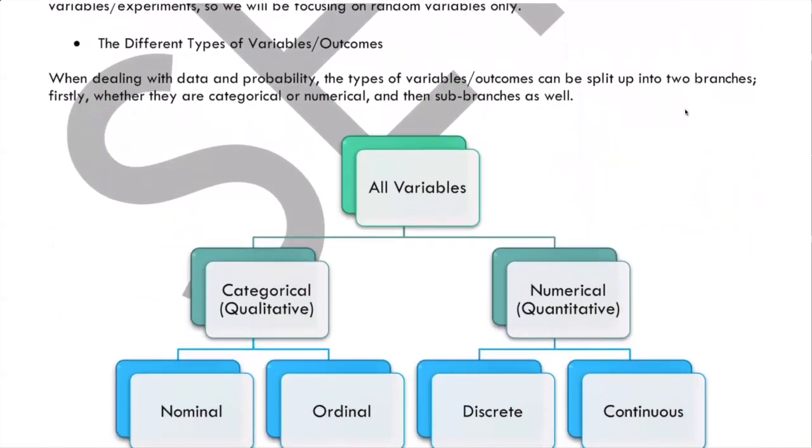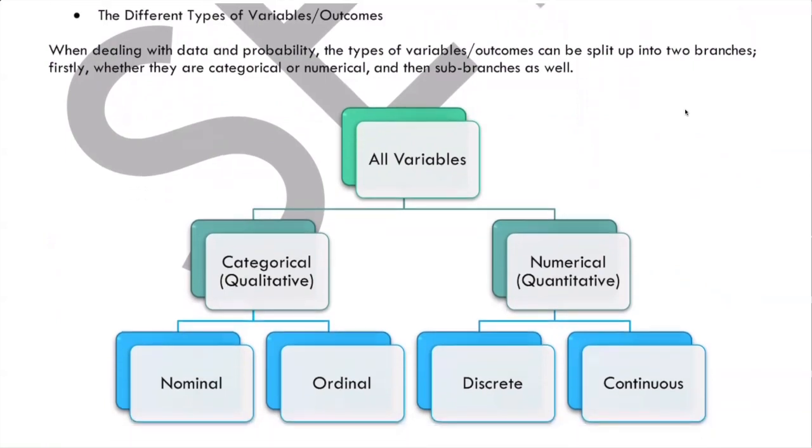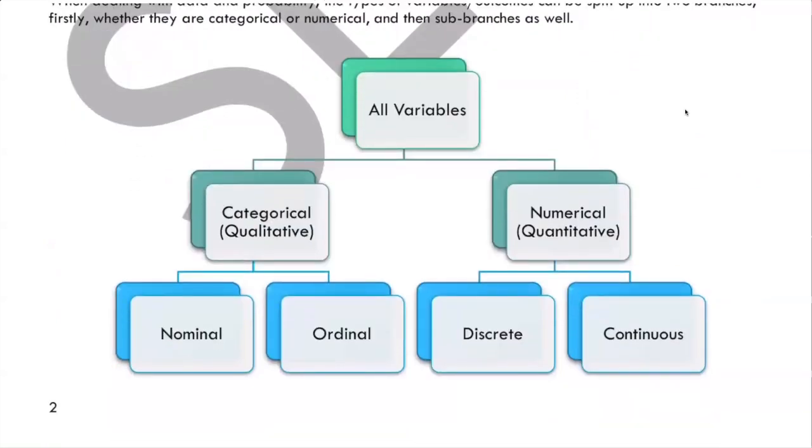So, the types of variables and outcomes. When dealing with data and probability, the types of variables and outcomes can be split up into two branches. Firstly, whether they are categorical or numerical, and then sub-branches as well. Categorical variables are variables which are words.